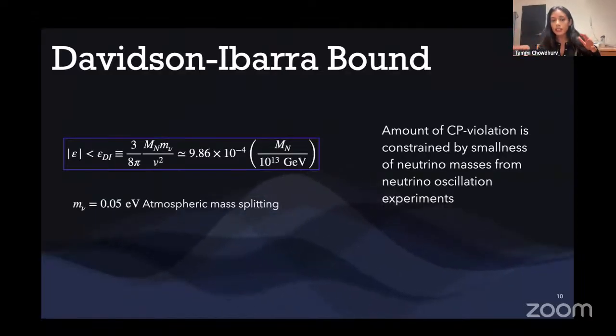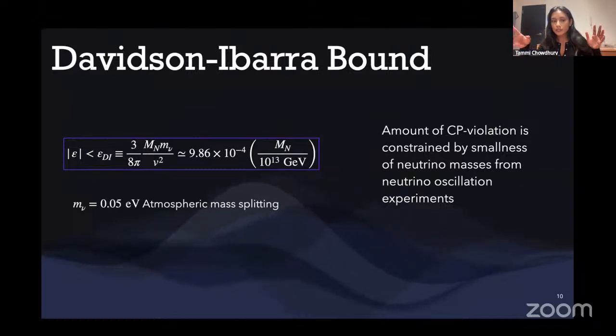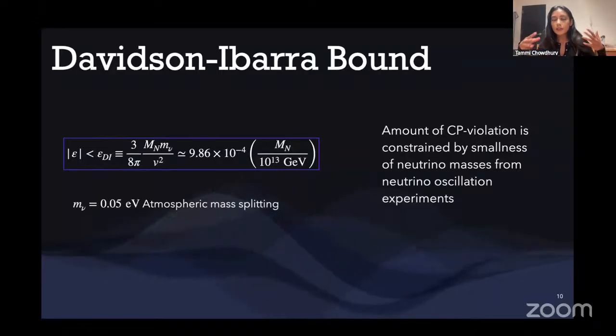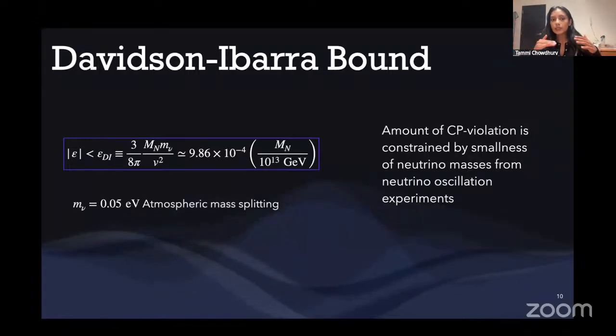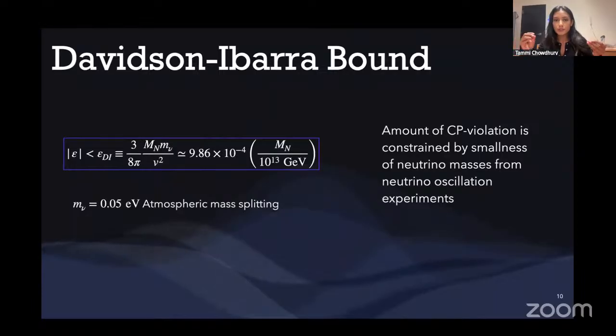So given that we take the mass scale of N to be 10 to the 13 GeV, you find that the maximum epsilon, which is our CP violation, is about order 10 to the -3. So really this is a statement that you can't arbitrarily have a large amount of CP violation. This will be constrained by m nu as well as the mass of the new particle that we're introducing.